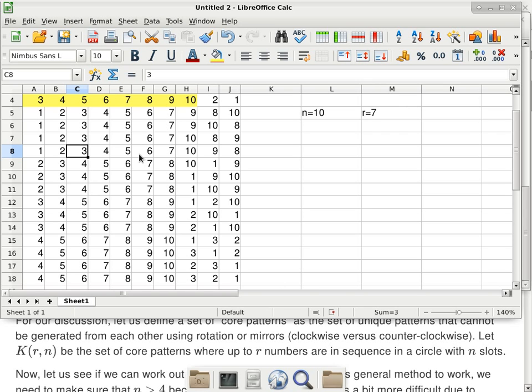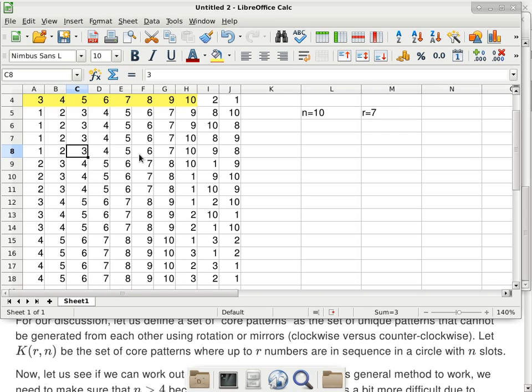So the question now is, if you count, how many do we have? 2, 3, 4, all the way up to n minus r. And the answer is there are n minus r minus 1. If you just count the number of rows here, there will be n minus r minus 1 rows.